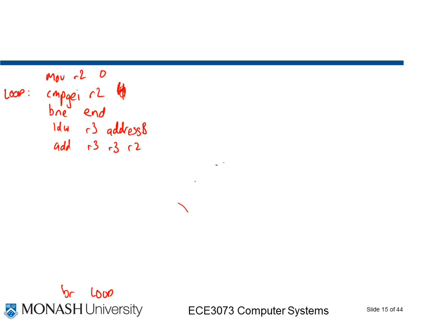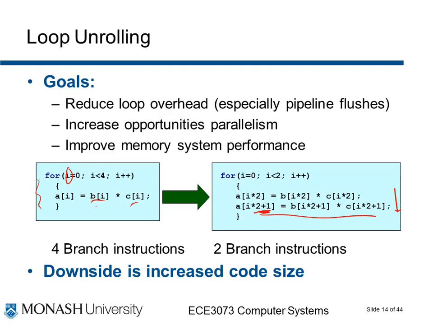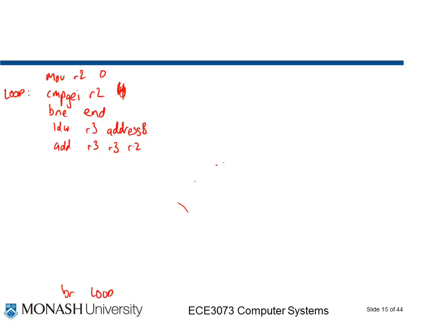Yeah, I'm computing B[i]. B is the base address, and as I go down this loop, I need to offset B. So add R2, which is i. So now R3 has B[i]. I repeat a similar thing: load R4 with address C, add R4, R4, R2. So now R4 has C[i].